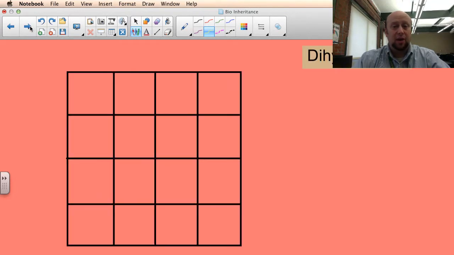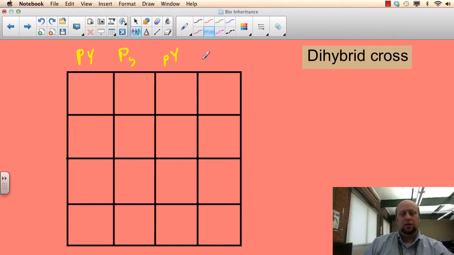Now, if we were doing a dihybrid cross where each parent was that dihybrid, then we would write this out. I would have capital P, capital Y, capital P, lowercase y, lowercase p, capital Y, lowercase p, lowercase y.